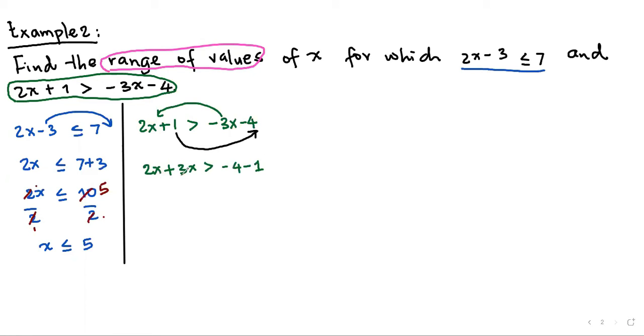So then 2x plus 3x will be 5x, which is more than negative 5. So we will divide on both sides by positive 5. Remember, when we divide by a positive, no worries, because the inequality will not reverse. So we get 1. Here we will get minus 1. So it means that x is more than negative 1.